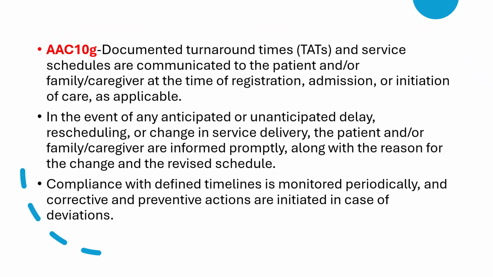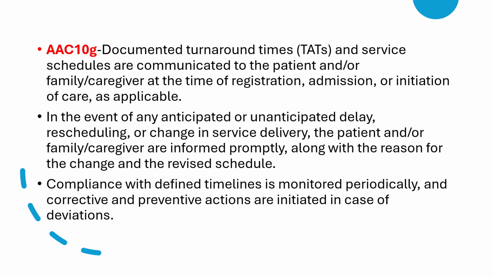So next is the documented turnaround time and service schedule are communicated to the patient or family or caregiver at the time of registration, admission or initiation of care as applicable. So TAT should be defined for all the services: how much time will be required for the admission, how much time for the discharge, for any service or diagnostic what is the waiting time, or OPD, what is the waiting time.